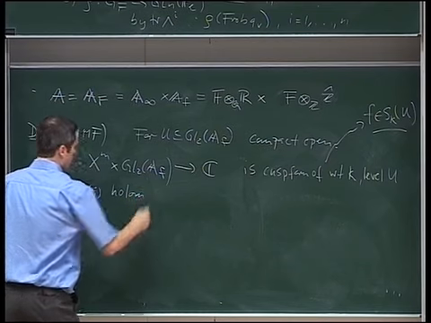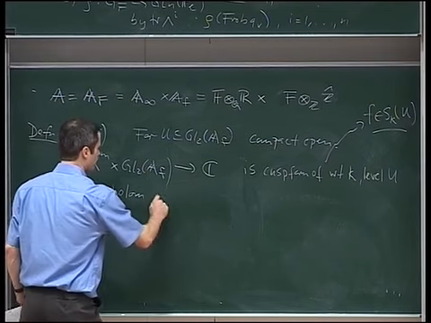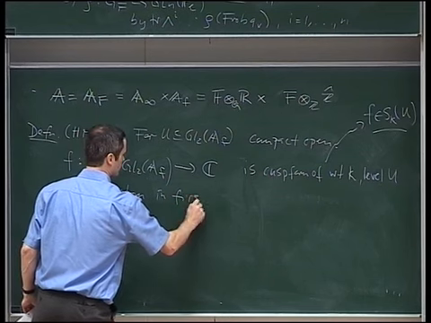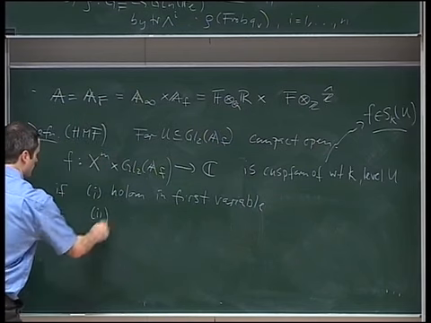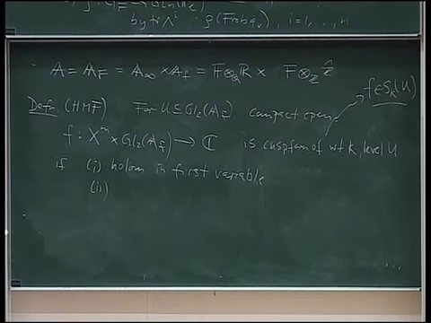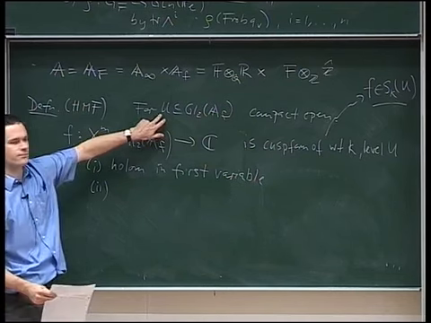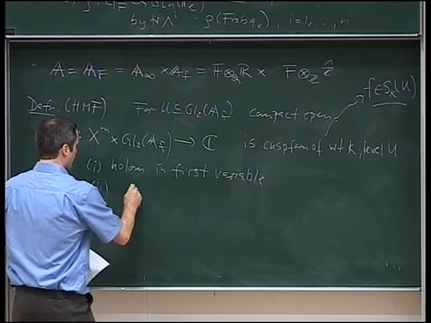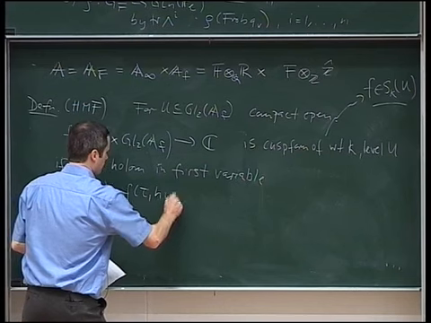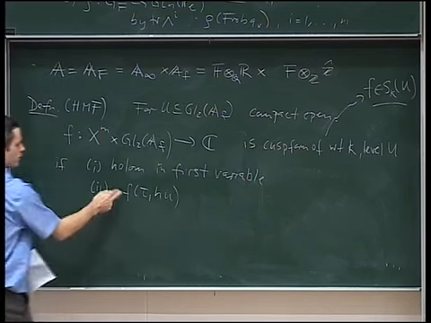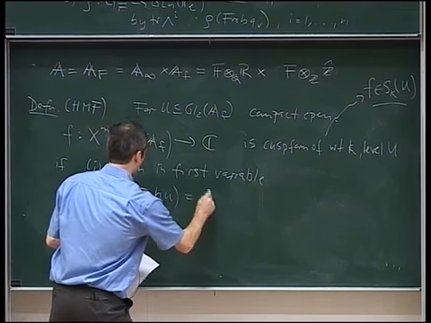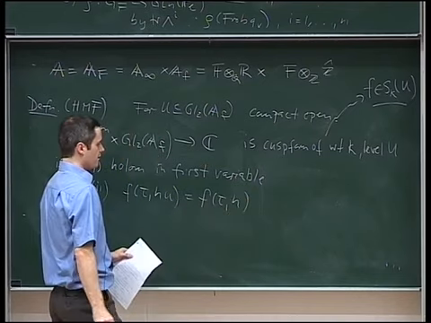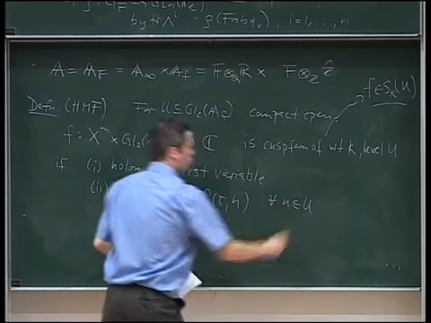And the properties this function has to satisfy is, first, that it should be holomorphic in the first variable. Secondly, that it should be right invariant under the compact open subgroup U that I've given myself here. So I can have GL2(A_F) acting on my functions by right multiplication on the second argument. So this should be invariant for all u in my compact open.